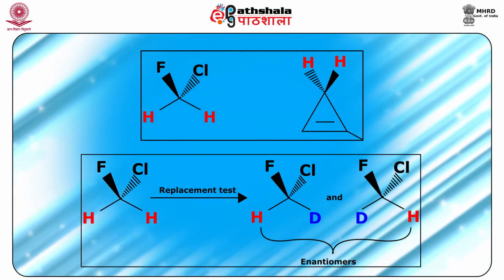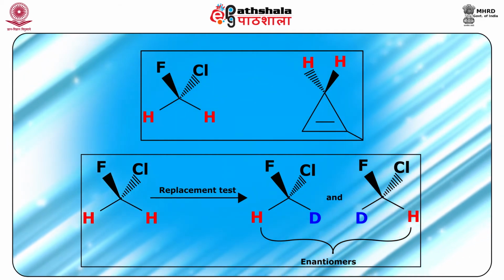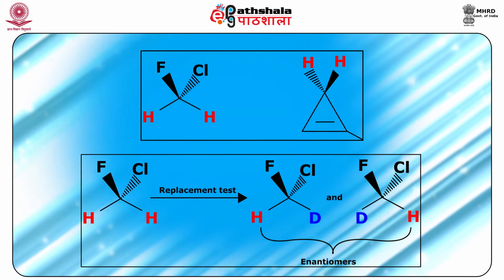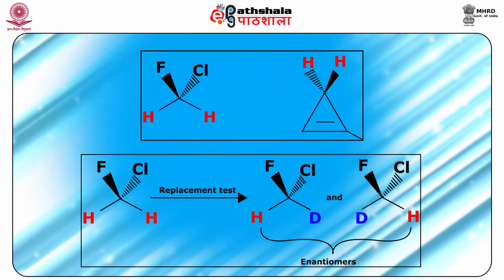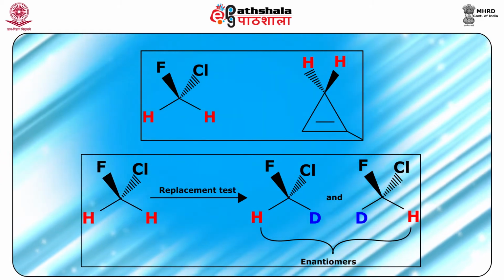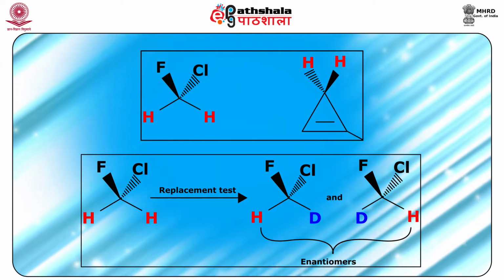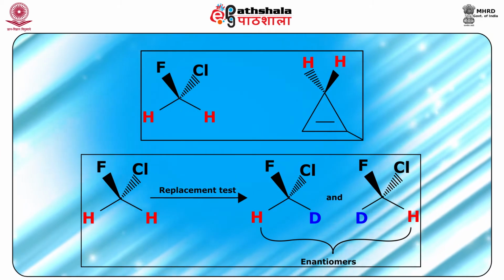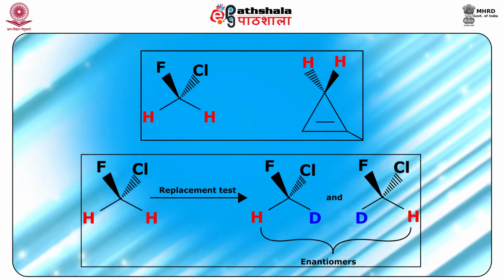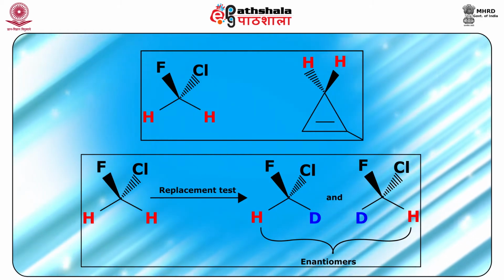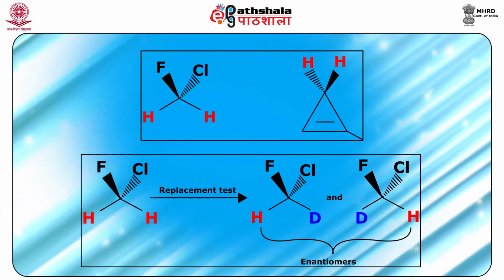In each of these examples, the two highlighted protons are enantiotopic, as you can see in the figure. Draw these two compounds each time replacing one of the protons with deuterium, then determine the relationship between the two drawings. If they are enantiomers, then the protons are enantiotopic. You can do this easily by looking at the figure and doing it on your own.